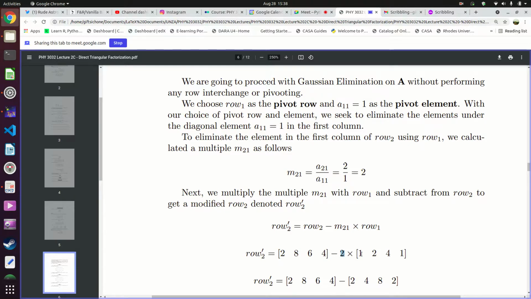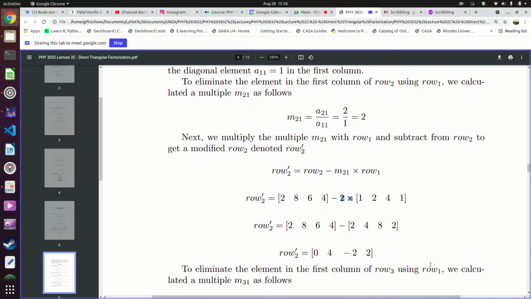So 2 times 1 is 2, 2 times 2 is 4, 2 times 4 is 8, 2 times 1 is 2. Then we end up with our modified row number 2. It's going to be 2 minus 2, we get a 0 here. 8 minus 4, we get a 4. 6 minus 8, you get minus 2. Then 4 minus 2, we get a 2. So this is going to be our modified row number 2.